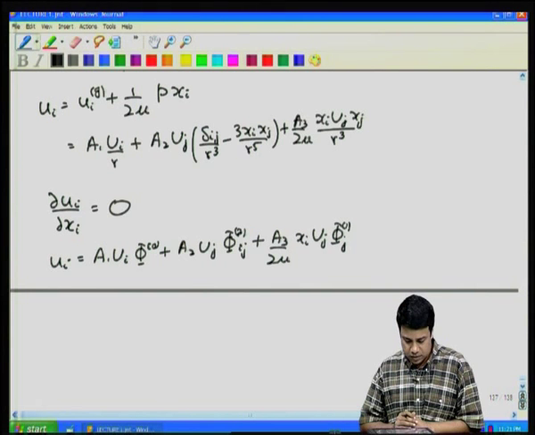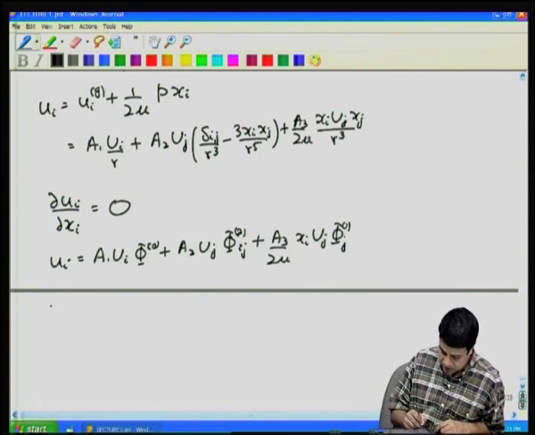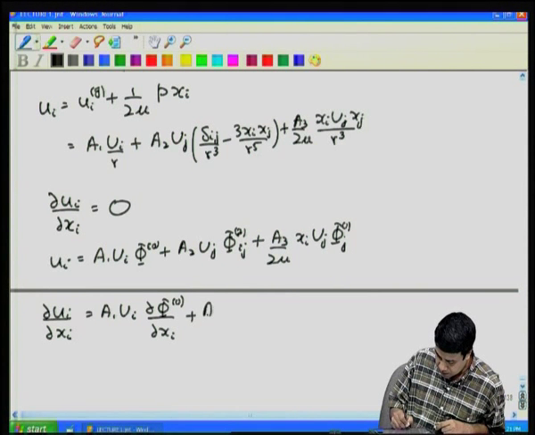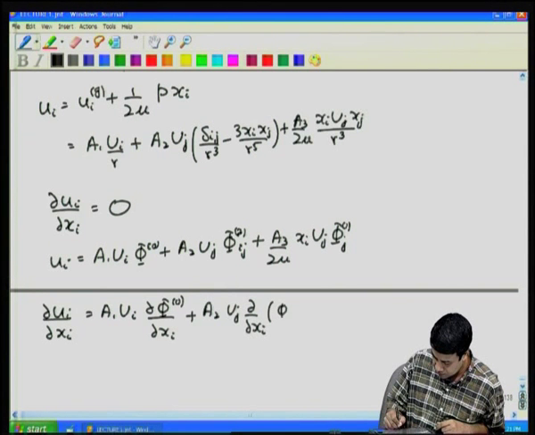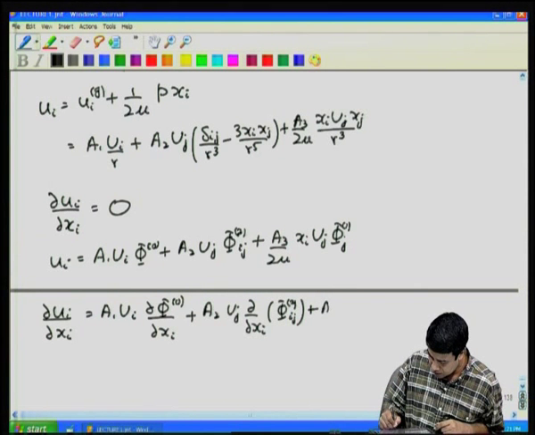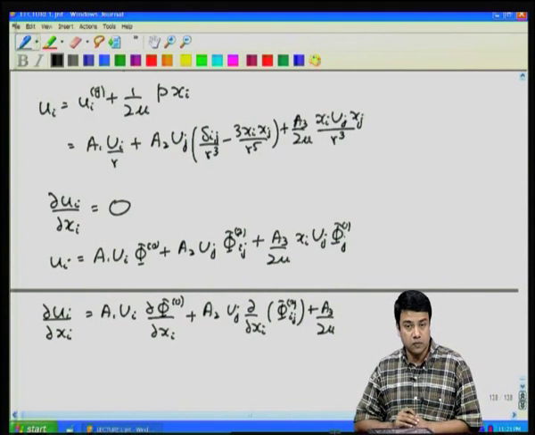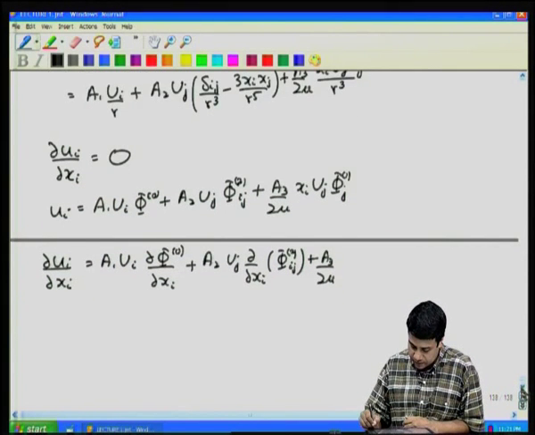If I take the divergence of this, what I will get is that partial u i by partial x i is equal to a 1 u i partial phi naught by partial x i plus a 2 u j partial by partial x i of phi 2 ij plus a 3 by 2 mu. Now, I have two terms here for which I have to use the chain rule for differentiation. So, let us just go through that.